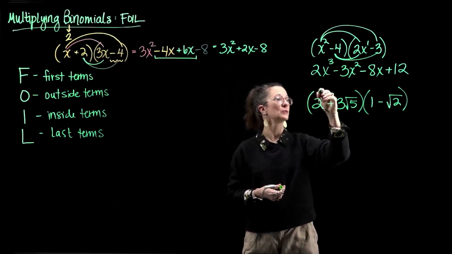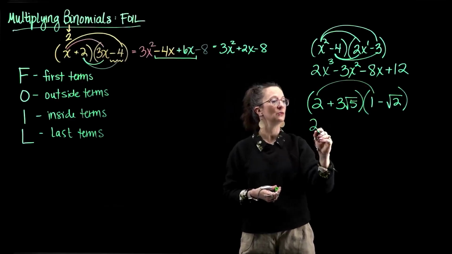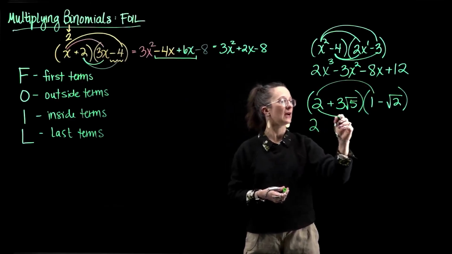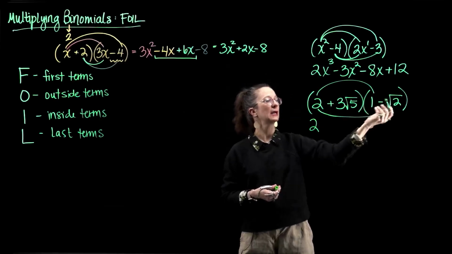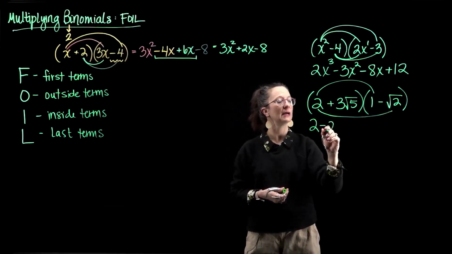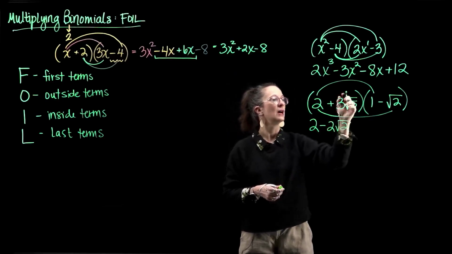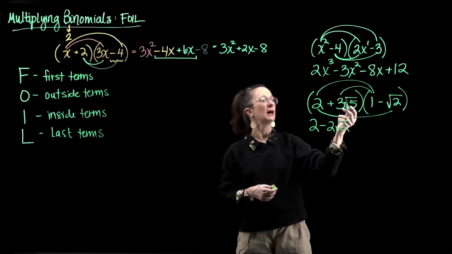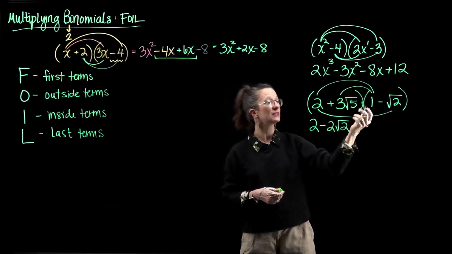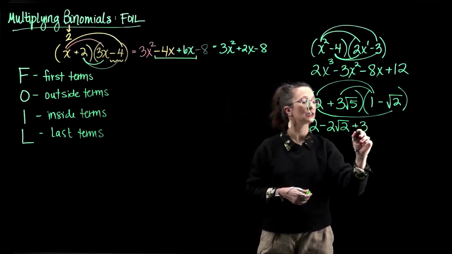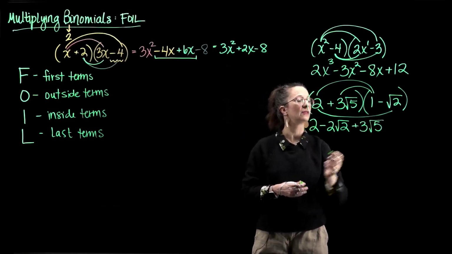So first terms, 2 times 1 gives me 2. Outside, 2 times negative square root of 2 is minus 2 square root of 2. Inside, positive 3 square root of 5 times 1 is just 3 square root of 5.